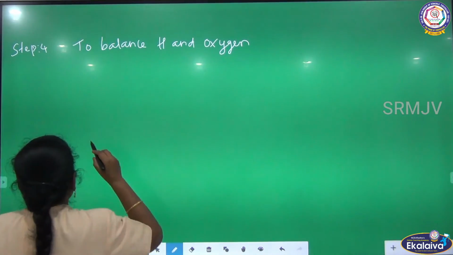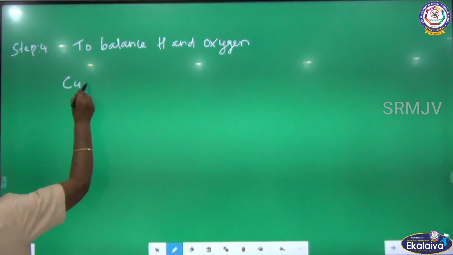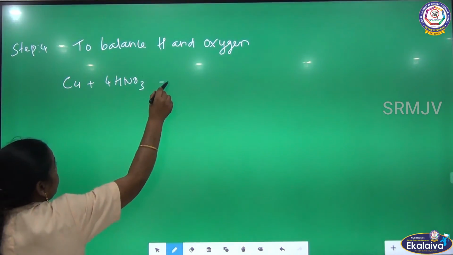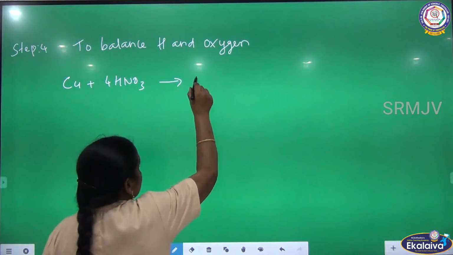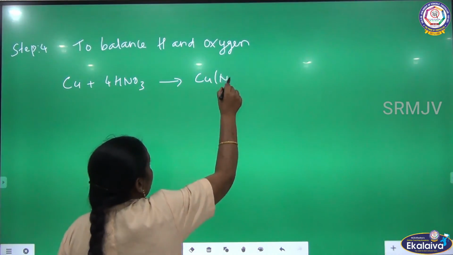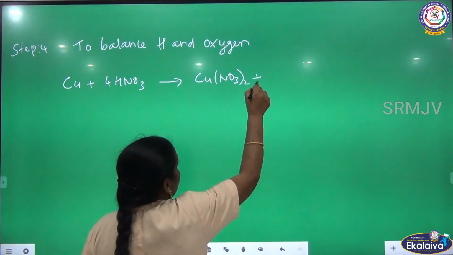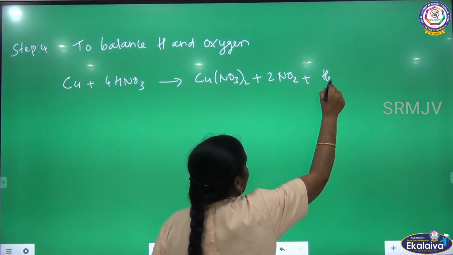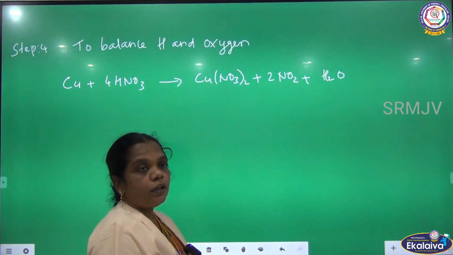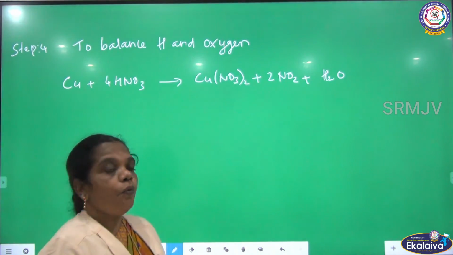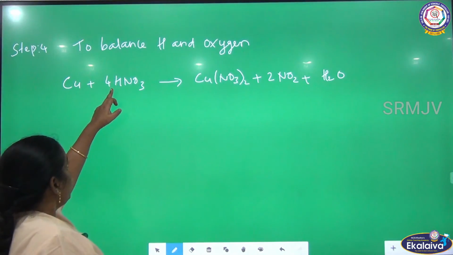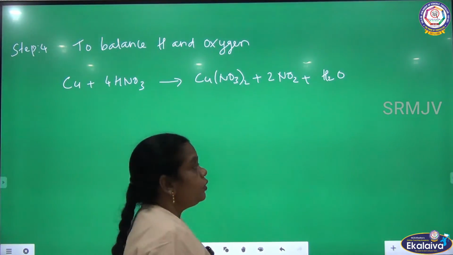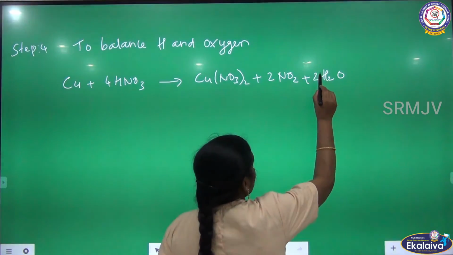Now you know already that Cu plus 4 HNO3 gives Cu(NO3)2 plus 2 NO2 plus H2O. Now you want to balance hydrogen and oxygen present in the water molecule. How many hydrogens on this side? 4 hydrogens, and here only 2. So this can be multiplied by 2.